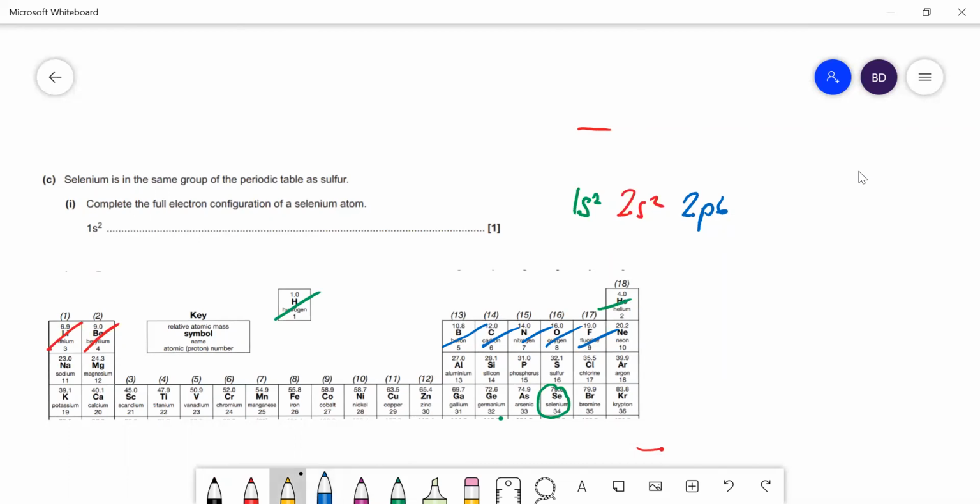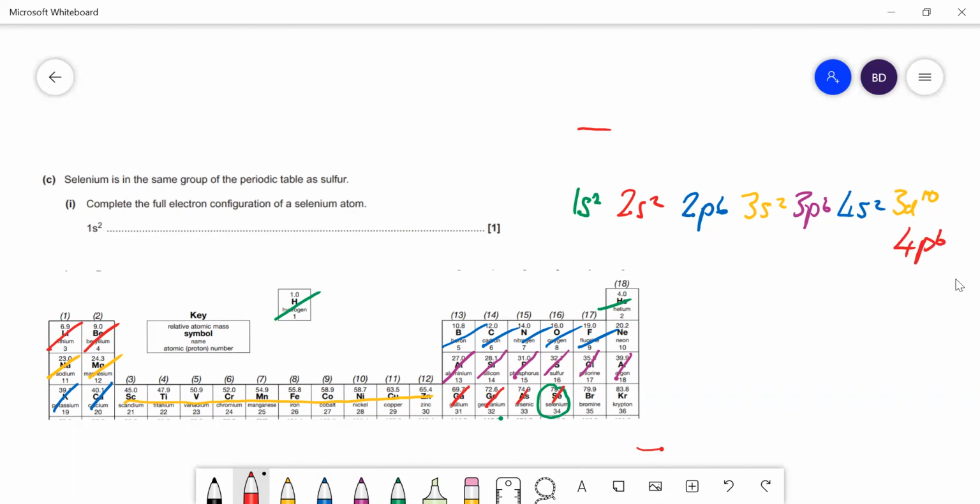And then 3s2 filled up. 3p is completely filled, 3p6. 4s2 is filled up. 3d is completely filled, got 10 electrons in there. And then finally, we've got 4p6, and we've got 1, 2, 3, 4. So that's 4p4. That's the electronic configuration of selenium.